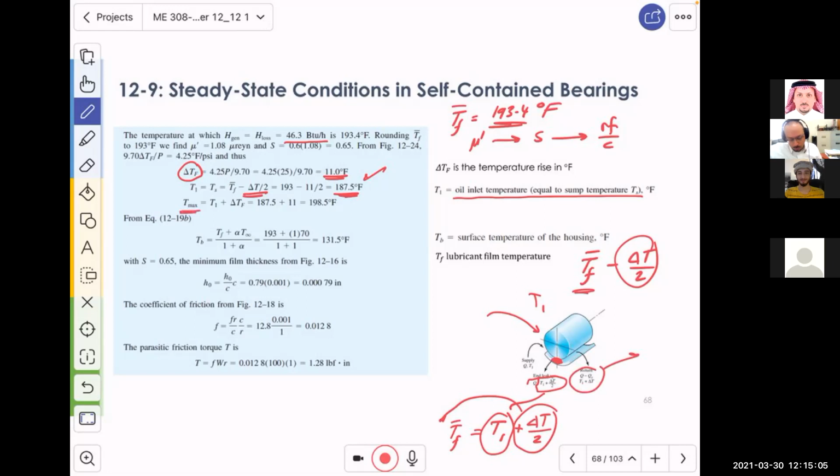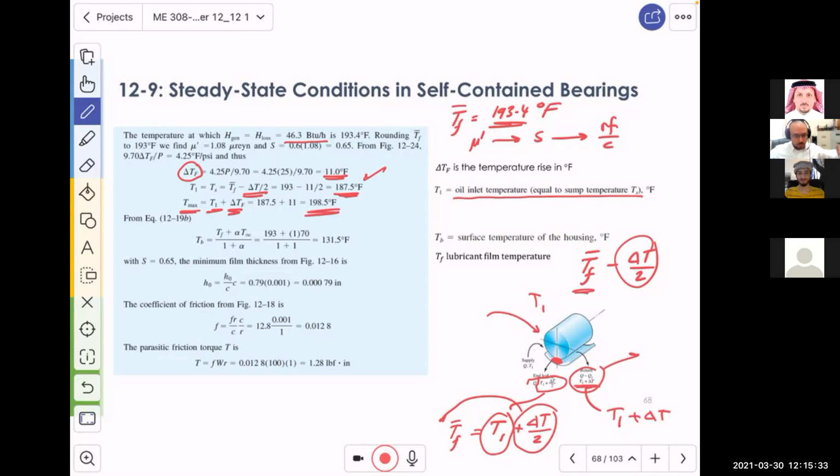That's the outlet temperature, which is T1, the inlet temperature, plus how much you added in. It is T1 plus delta T, which is equal to 198.5 degrees Fahrenheit. Good.